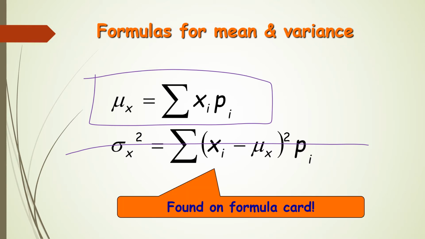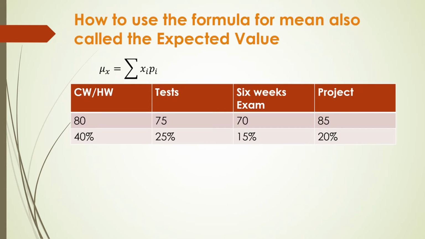Formulas are found on the formula chart, but when you get the context of this, you'll see. In our next example, how to use the formula for mean, also called the expected value. The easiest way to see it is to understand weighted averages, how your systems calculate your grade average. It calculates by a weight.